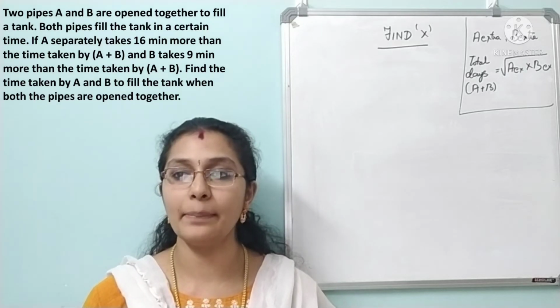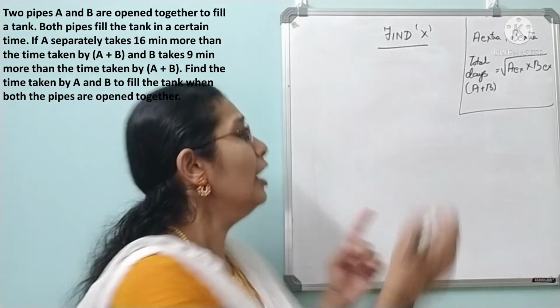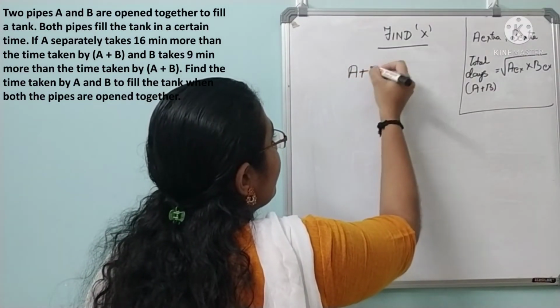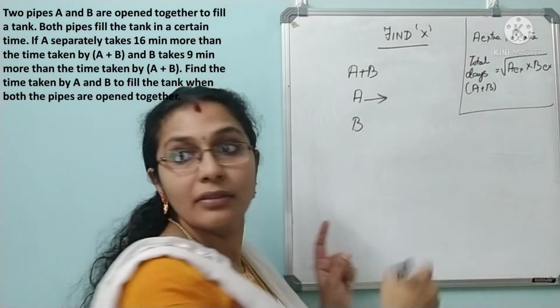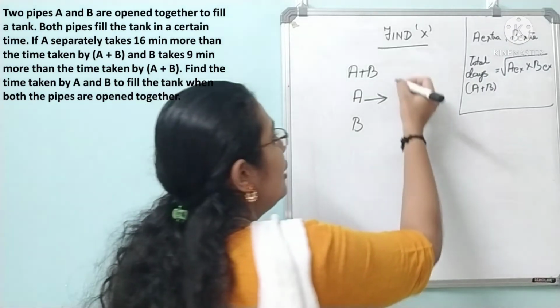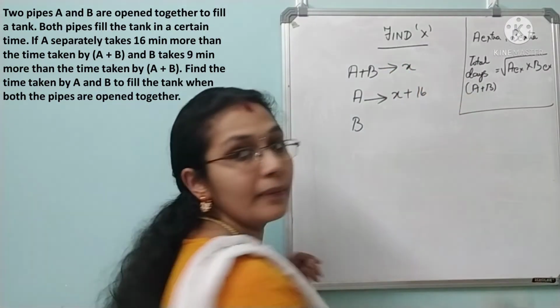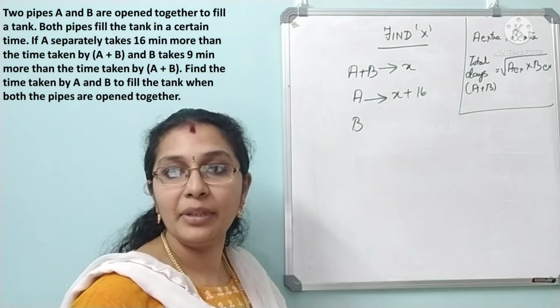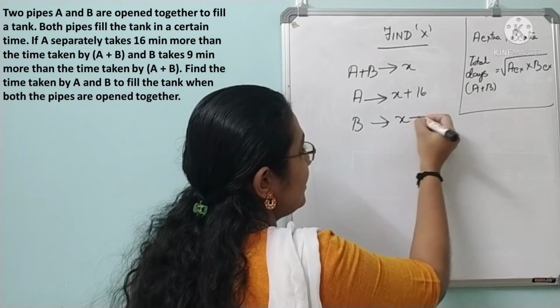If A separately takes 16 minutes more than the time taken by A plus B, so let it be x plus 16. And B takes 9 minutes more than the time taken by A plus B, so x plus 9.